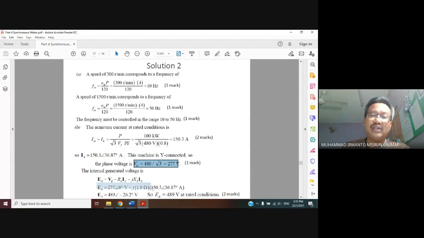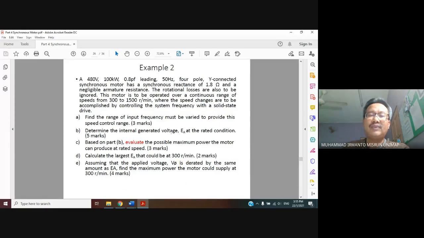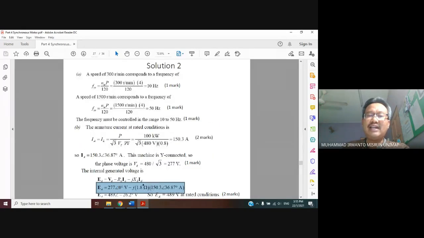Now we can calculate the internal generated voltage, EA, equal to the phase voltage 277 angle 0 degrees, minus, because RA is ignored, meaning RA IA is 0, so only minus jXS IA. XS here is 1.8, given in the question, multiplied by IA 150.3 angle 36.87.